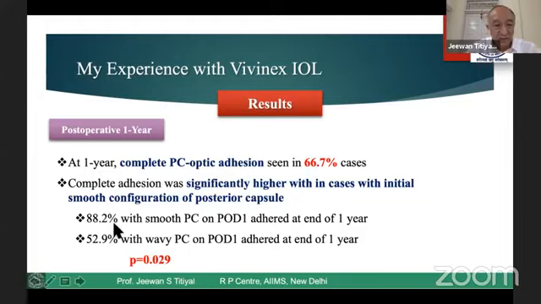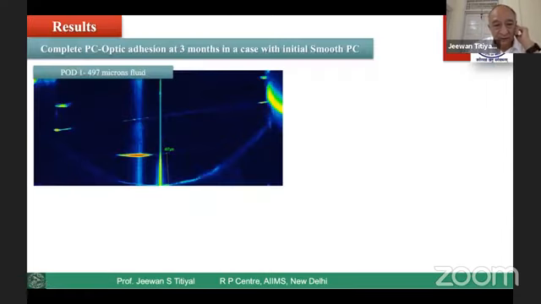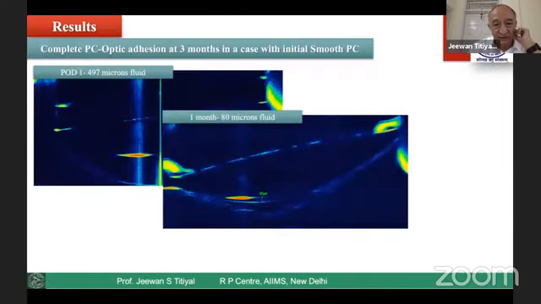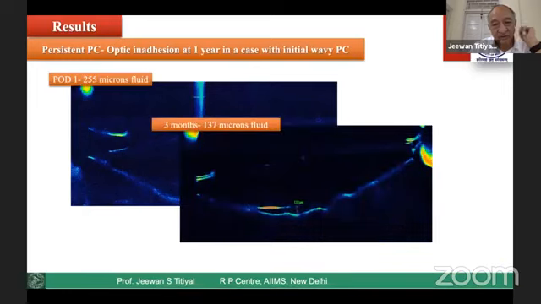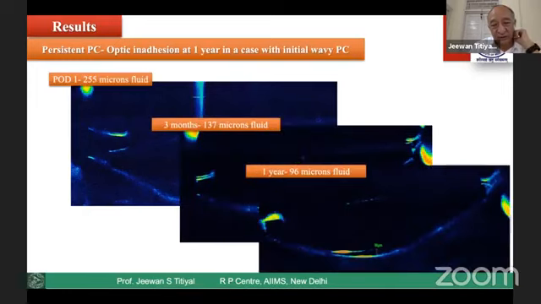So around 82 to 88% of cases where a smooth PC was there on day 1 had adhered by the end of 1 year. In around 50% of the wavy pattern cases they also got adherent at 1 year. The significance was, as I said, that wavy had slightly less adhesion to the posterior capsule. So this is what we can see here, the decrease in the distance of the capsule from the posterior surface of the lens, which goes on changing from day 1 to 1 year.